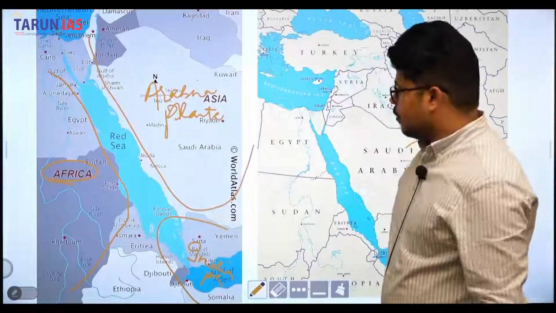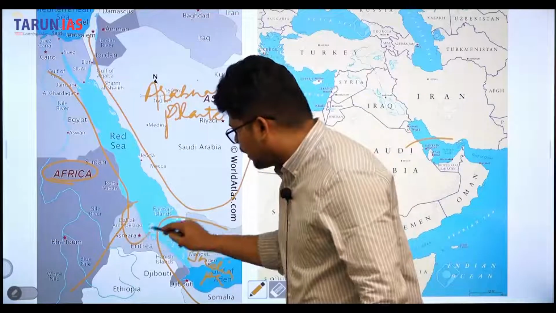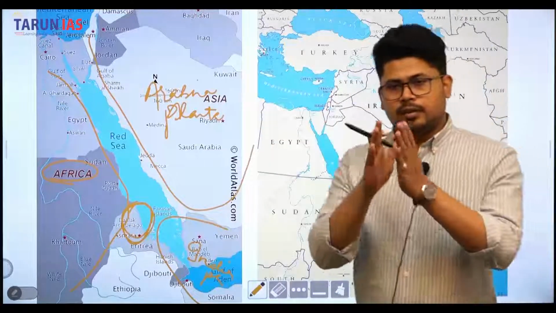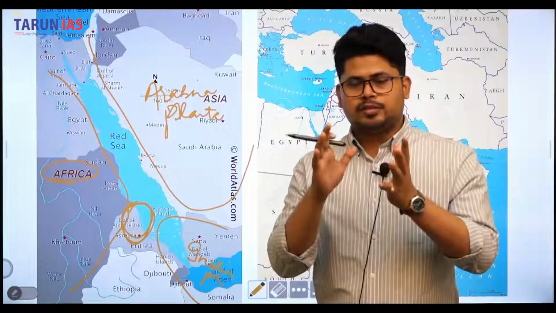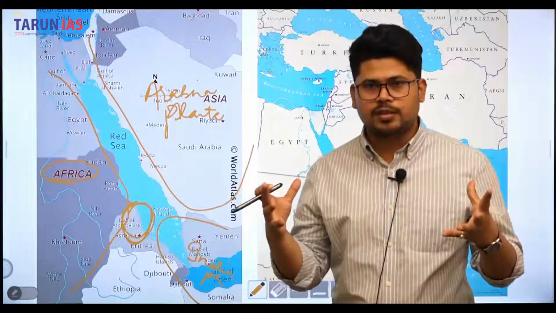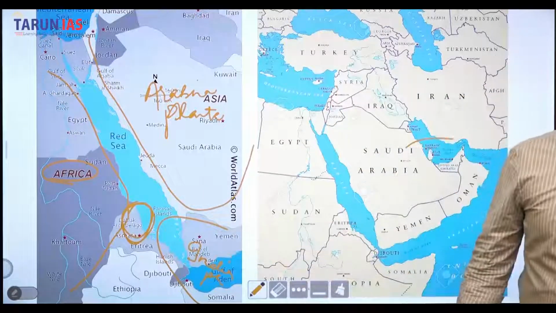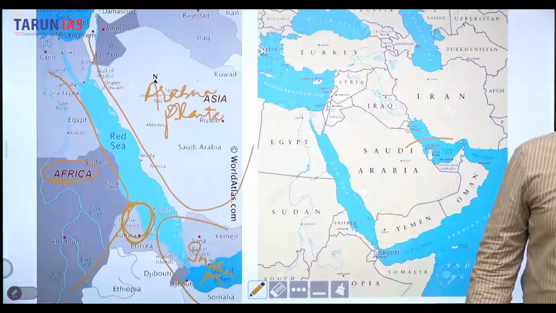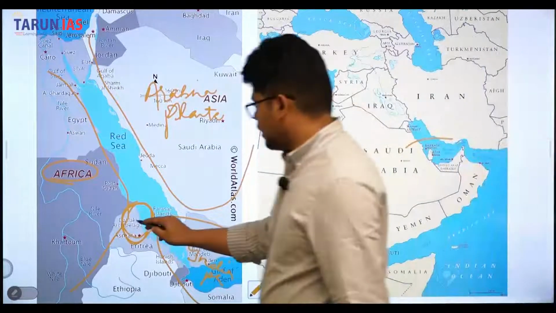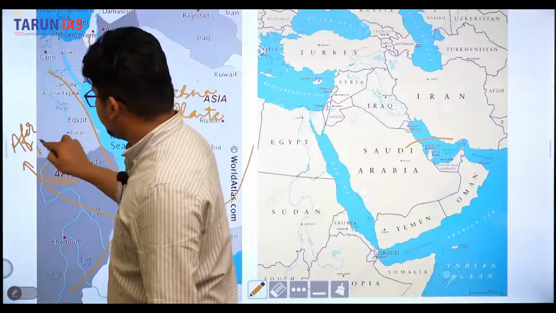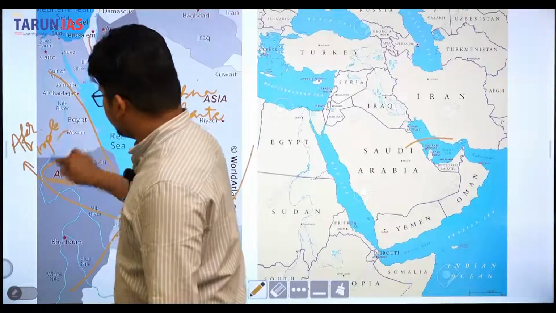Okay. At the end, they are forming a triple junction. When three divergent plates move away from each other, they form a triple junction. And this triple junction has a specific name. It's called Afar triple junction. Okay?